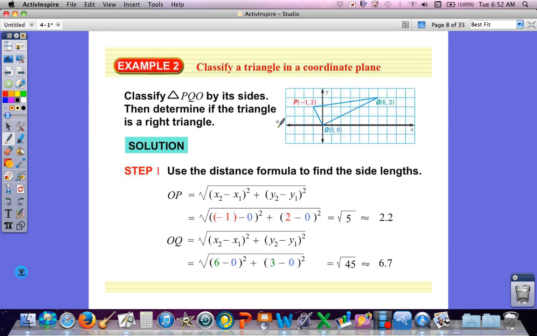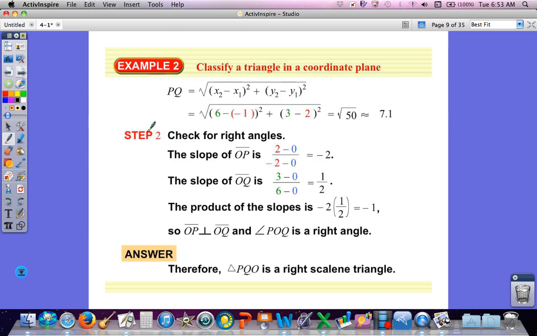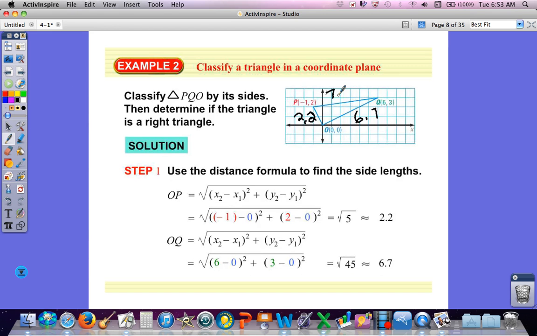So OP, they find the distance is approximately 2.2. OQ is approximately 6.7. PQ, they tell you is 7.1. So you have to find the distance to be able to do that.